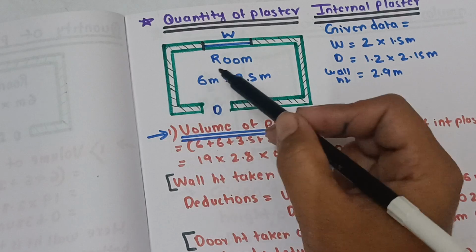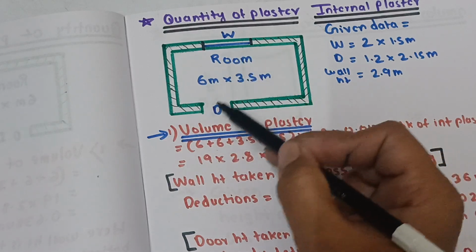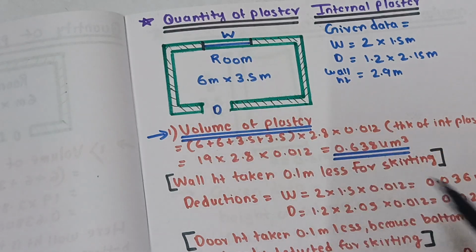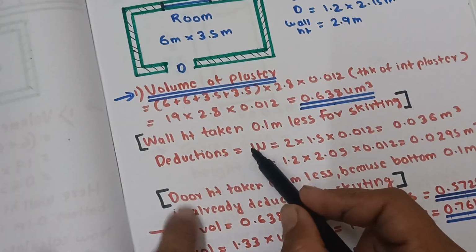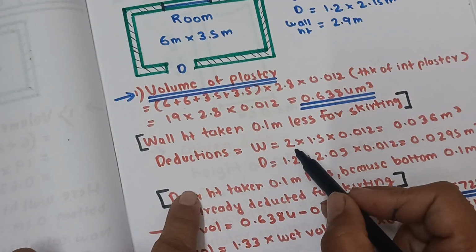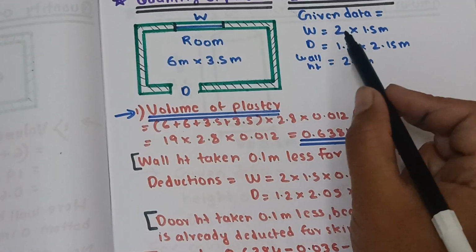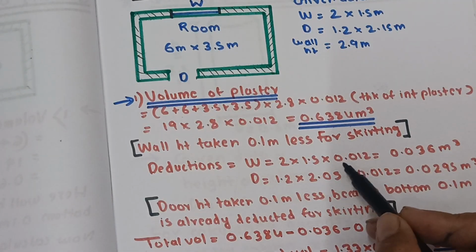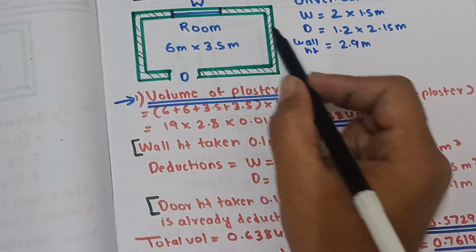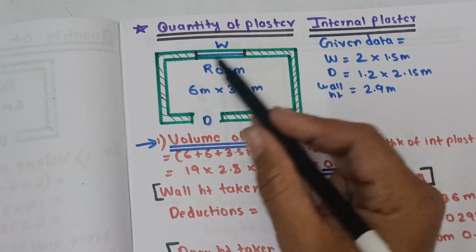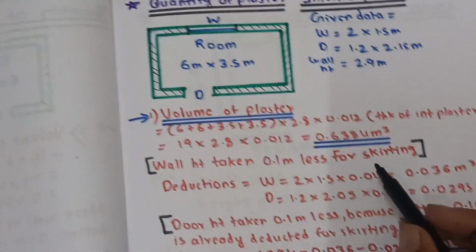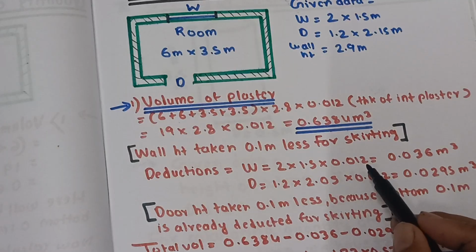Then we have to do deductions. There are two deductions here: one is the window and the other is the door. Therefore window size is 2 meters into 1.5 meters, as mentioned here, into 0.012, the thickness of plaster. We have to deduct because we have taken all four sides without any deductions.